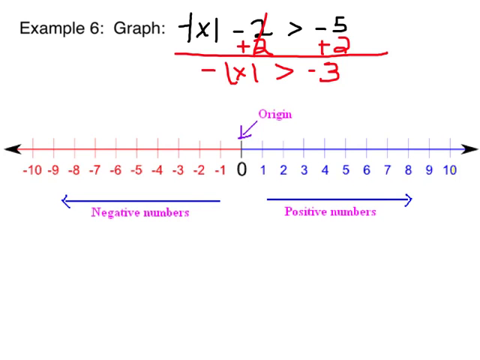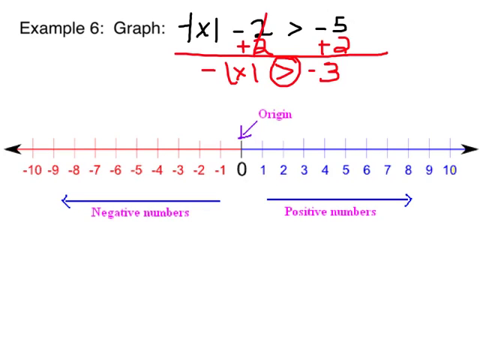Now remember, we learned a while back that if we have the negative on the outside, a negative exponent, a negative variable, what we actually have to do to this symbol is reverse it. I should have done that in the last example also, but I worked it out for you to see why.